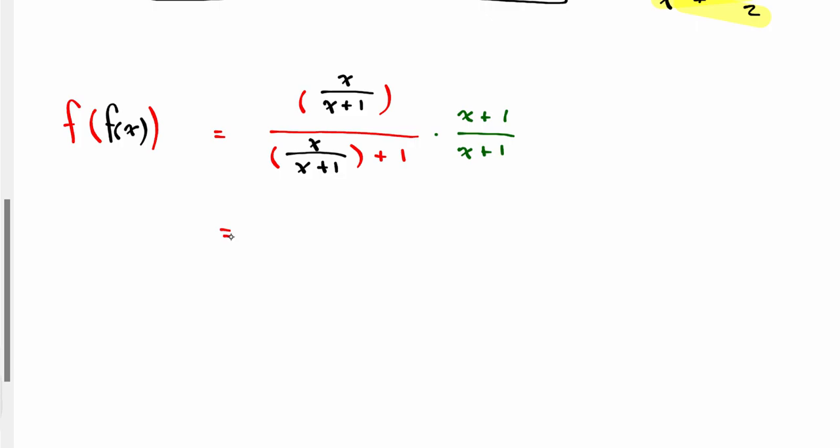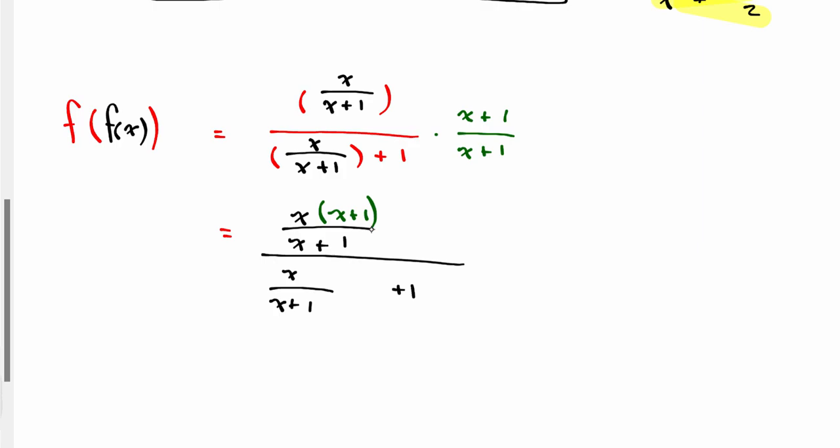So if I show more detail than many of you will need to see, I'll have x over x plus 1 in the numerator and x over x plus 1 in the denominator, and then I have a plus 1 over there. That x plus 1 from the top gets multiplied in here. In the bottom it gets distributed. So it looks kind of like that. And we can see that the reason for doing this is because here I can cancel out x plus 1s, and here I can cancel out x plus 1s.